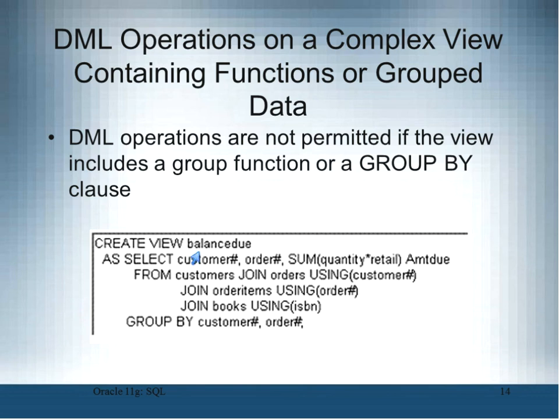If I save this as a view, then next time I don't have to worry about my command again. I don't have to figure out which column I'm joining on. Once you write it out and test it out, you save it, then you can reuse it. You create this view, and the next time you just say select star from balance due, and then voila, you get your report.